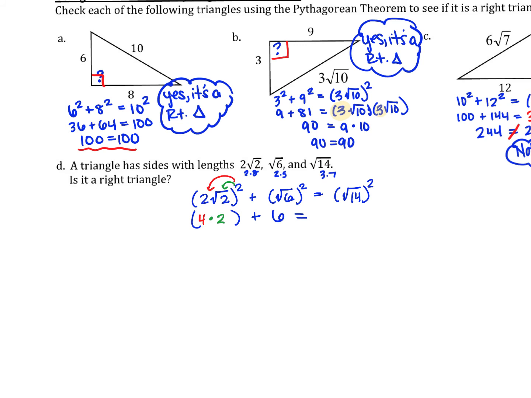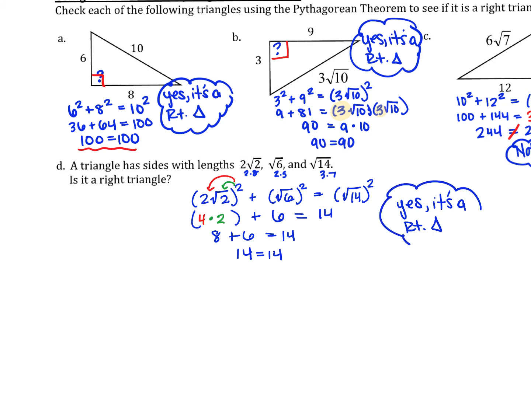And then root 14 times root 14 is just 14. So 4 times 2 is 8. And then 8 plus 6 is 14. So we have 14 equals 14. So yes, it's a right triangle for letter D.